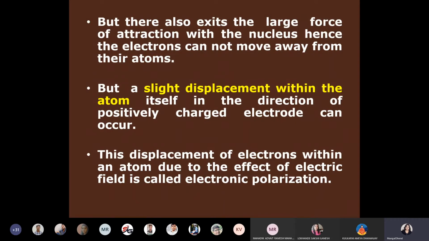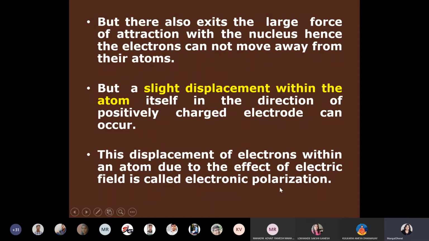Therefore, the centers of positive charge and negative charge get displaced. So a slight displacement between the charges induces a dipole moment, and this displacement of electrons within an atom due to the effect of the electric field is called electronic polarization.